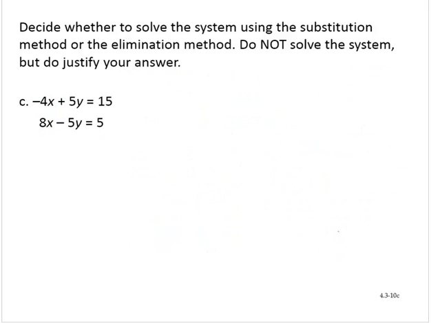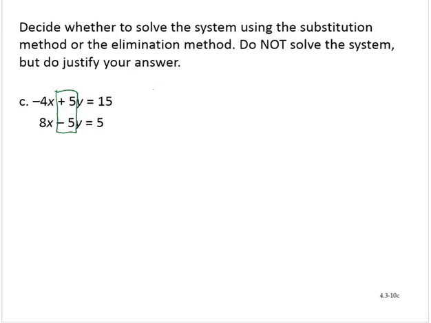And here's another example. We have negative 4x plus 5y equals 15, and 8x minus 5y equals 5. This is an obvious case, in my opinion, for elimination. Notice that the coefficients on y are already opposites, and so right away we can add the equations together, giving us an elimination on x.